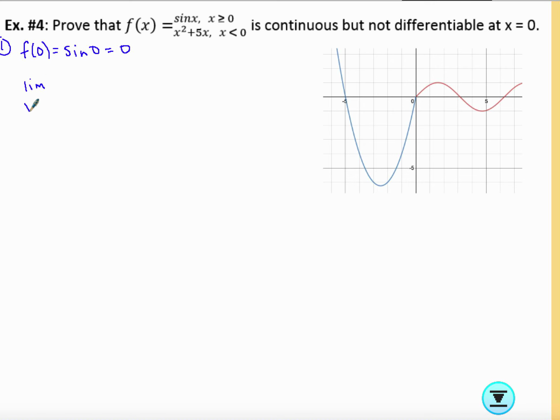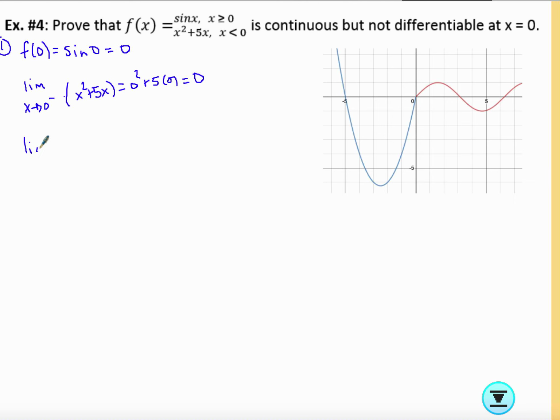Fantastic. Now, let's calculate the limits. The limit as x approaches 0 from the left-hand side is asking you about the left-hand side, x squared plus 5x. We can substitute 0 in here. We get 0 squared plus 5 times 0, and all that is equal to 0.